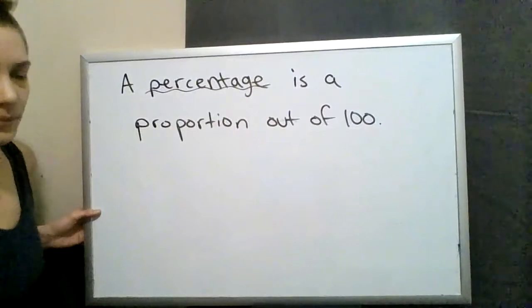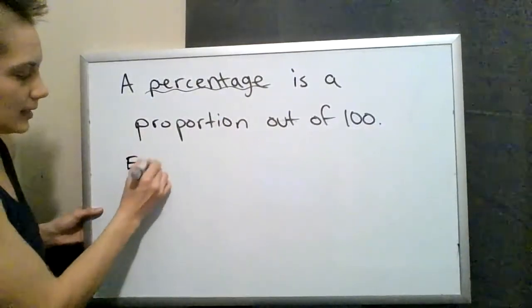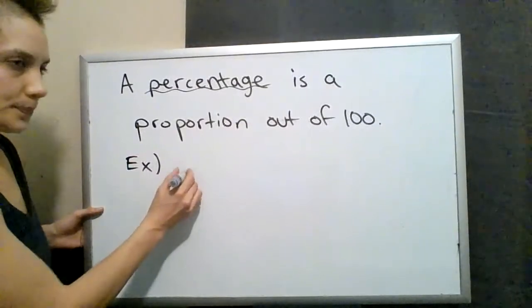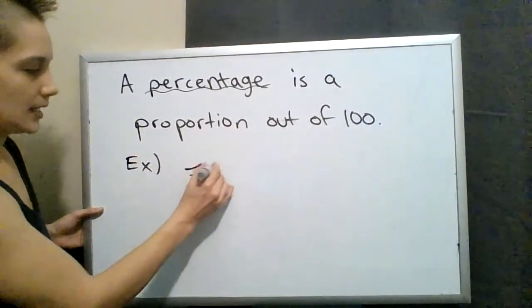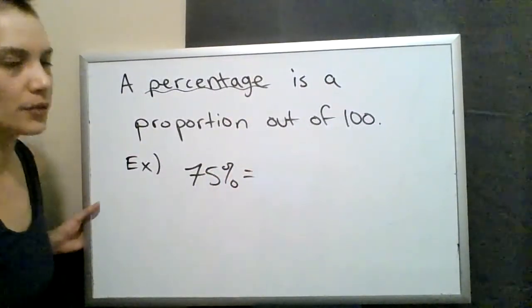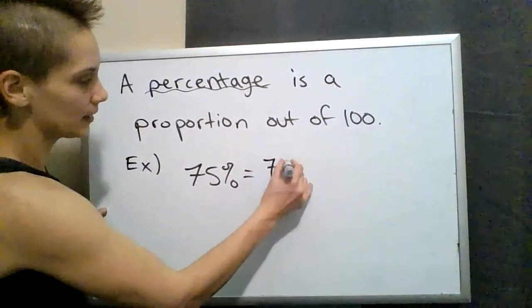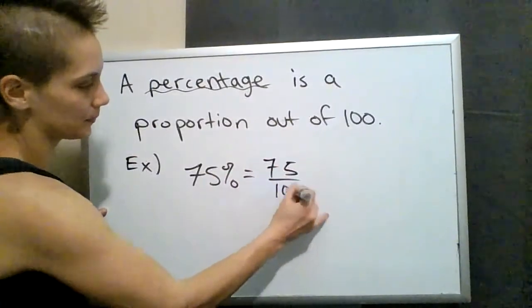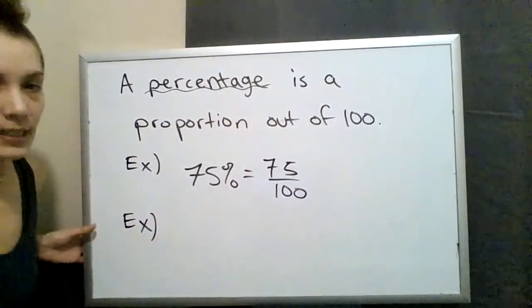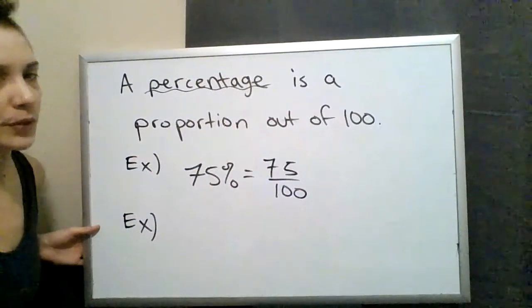Start off with some easy examples. 75% as a fraction is 75 over 100. 98% is 98 over 100.